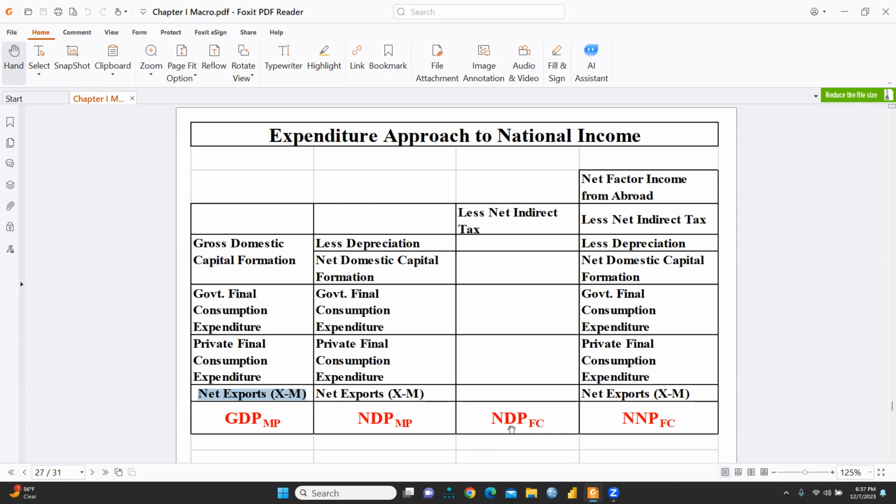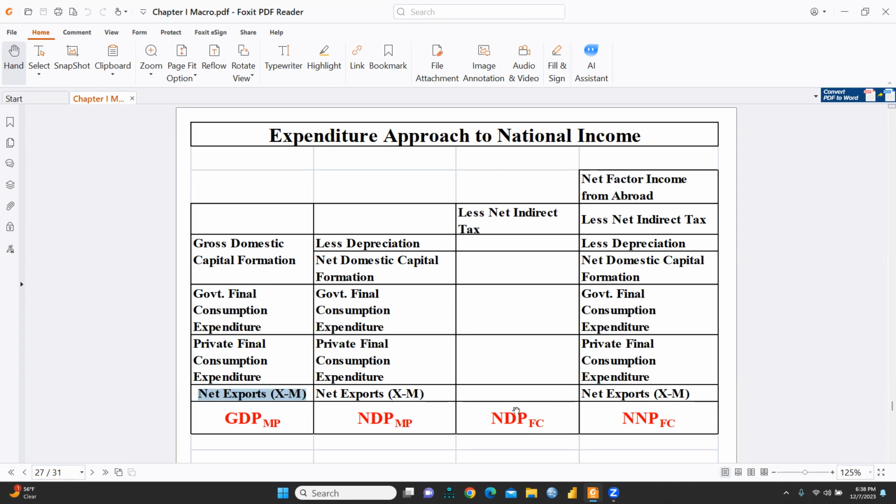After that, we want to convert this NDP FC into NNP FC, that is finally the national income. Simply, to NDP FC we have to add net factor income from abroad. That means our residents are giving services to a foreign country and getting some remittances, and some foreigners working in our country are also getting some income.